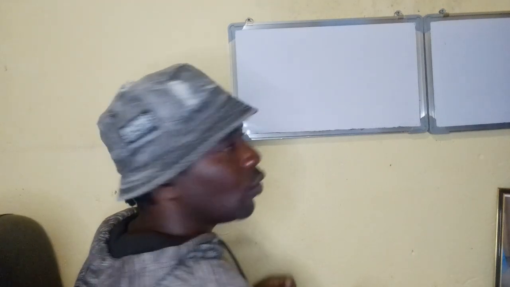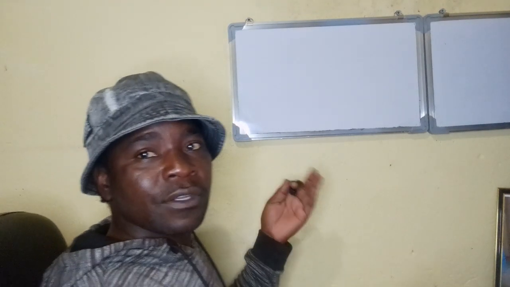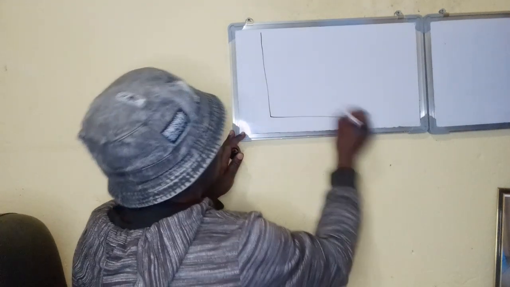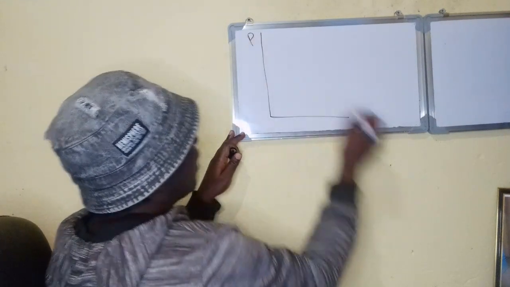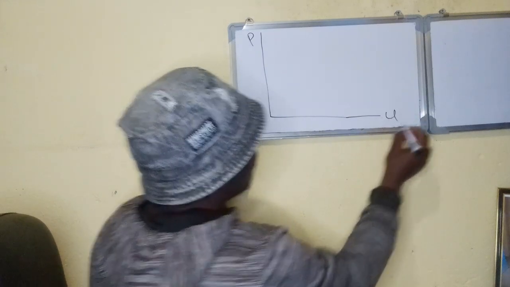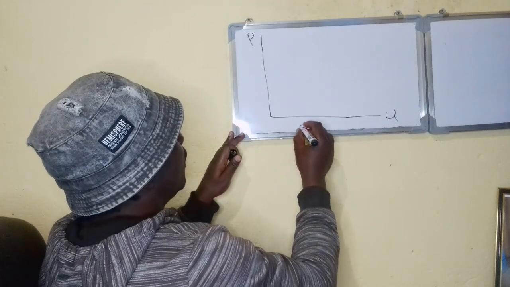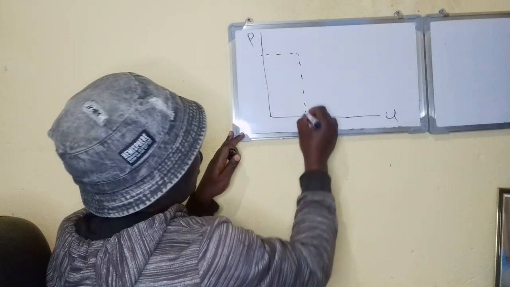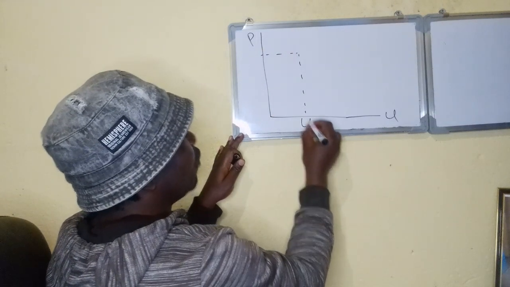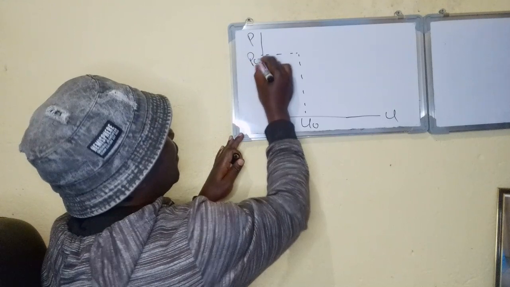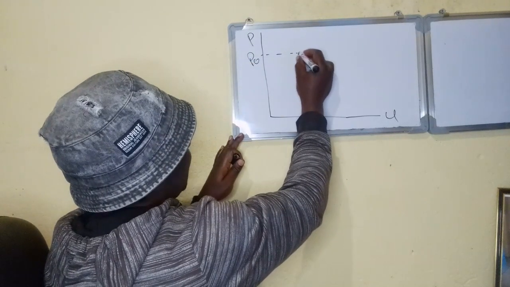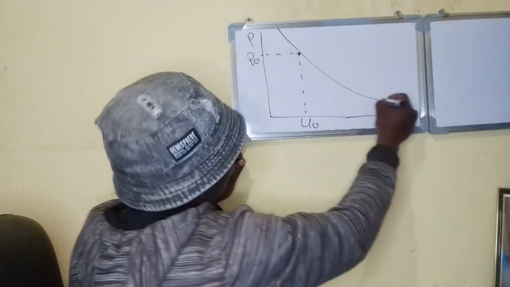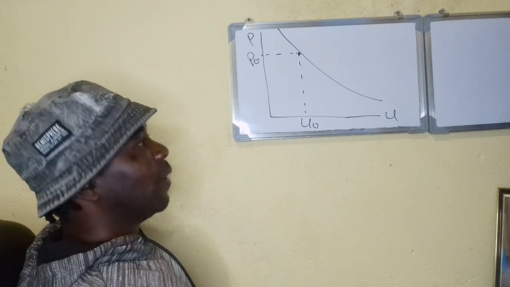And then you will usually show it using a graph. You will use what is called a Phillips curve. This is your inflation, price levels. This is your unemployment. Okay? If inflation is at this level, unemployment is at this level, I'm going to say U0, P0. Basically, the graph is like this, to make it simple.